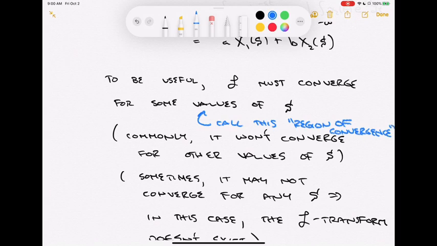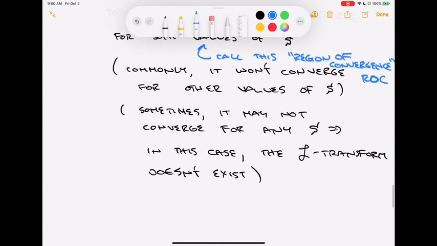That gets no fun to write out over and over, so we'll abbreviate it as ROC. The region of convergence just tells us for which values of s this transform exists.